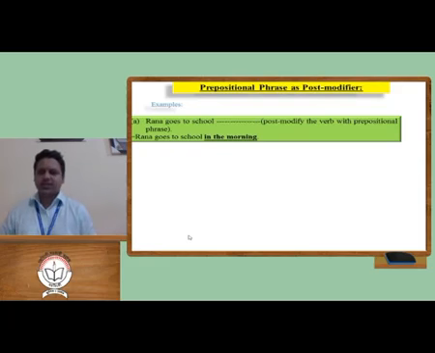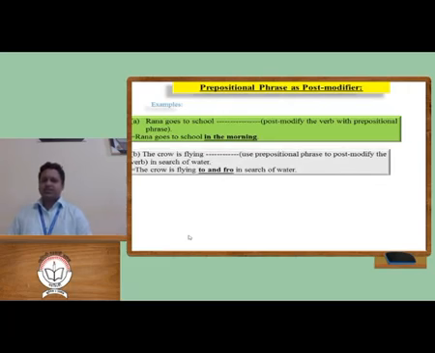So I have used here: Rana goes to school in the morning. In the morning is my prepositional phrase here, and it works as a post modifier because it sits after the verb, modifying the verb go. That's why in the morning is a prepositional phrase that acts as a post modifier.